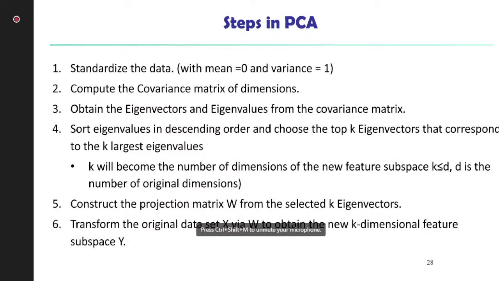Let's say you want to preserve 95% of the variance of the data. If the first principal component preserves 50%, the second preserves 30%, so the first two preserve 80%, then we keep adding, and once we reach 95%, let's say the first 6 principal components added together cover 95% of variance, then we continue with those 6 only and remove all the others. Right, so this is how things work.